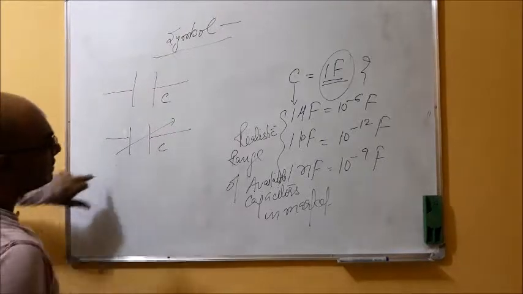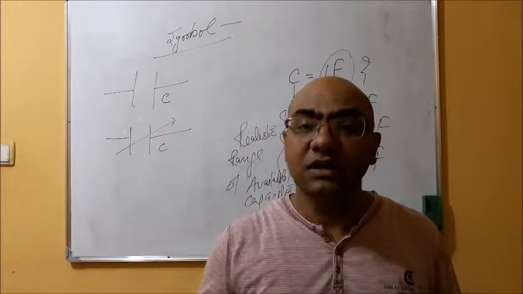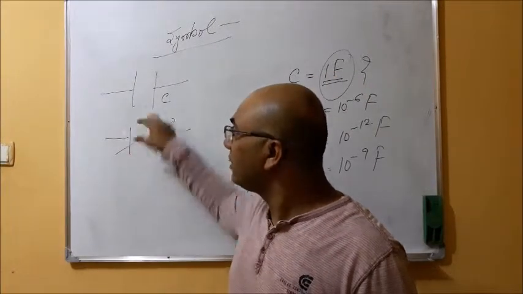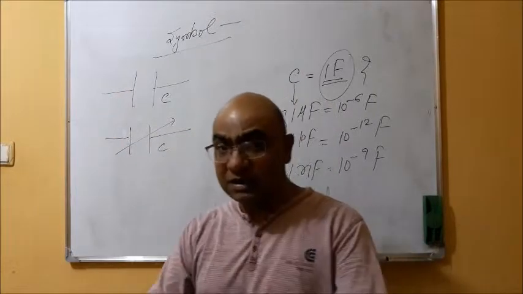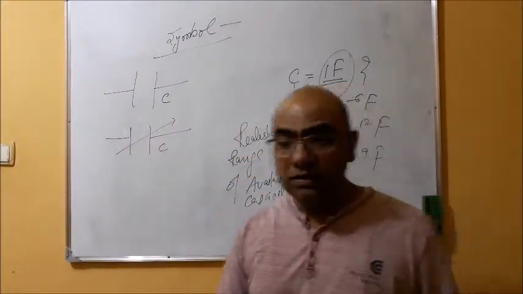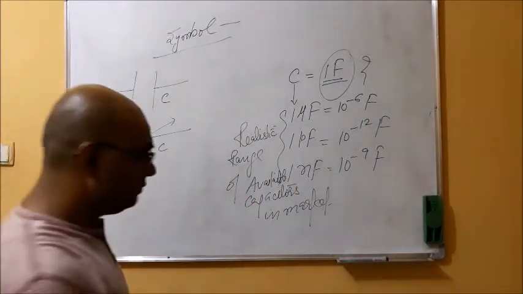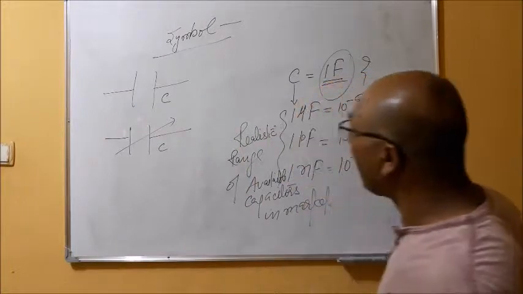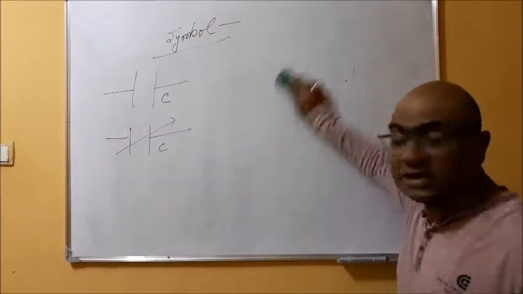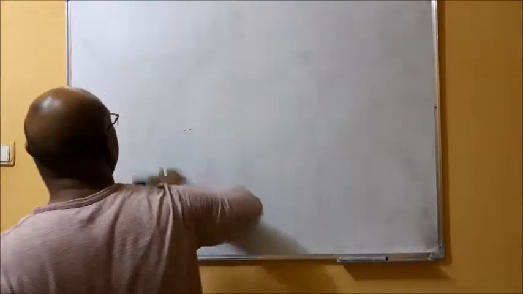This arrow denotes that our capacitor has a variable value of capacitance. The two vertical plates are used to represent a capacitor in any circuit, right?